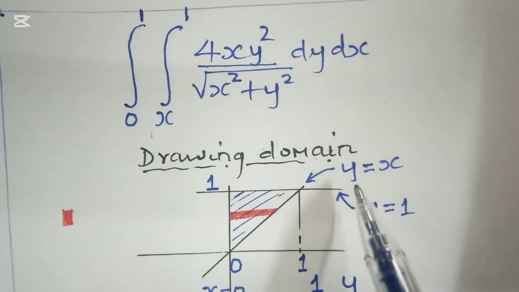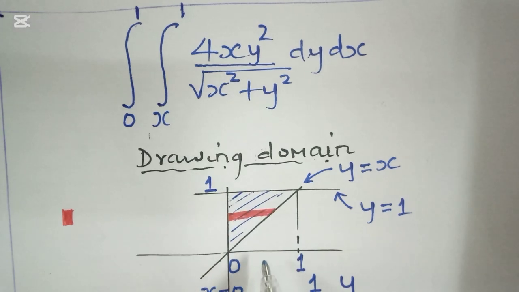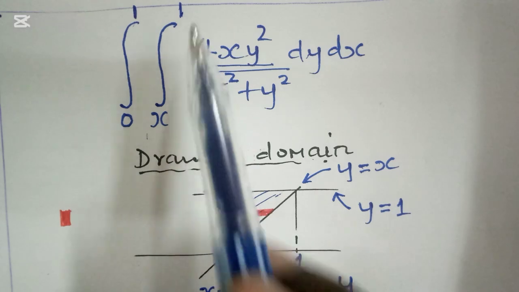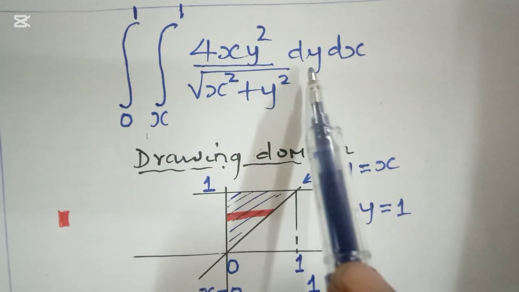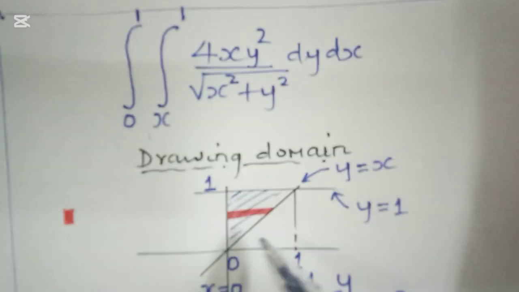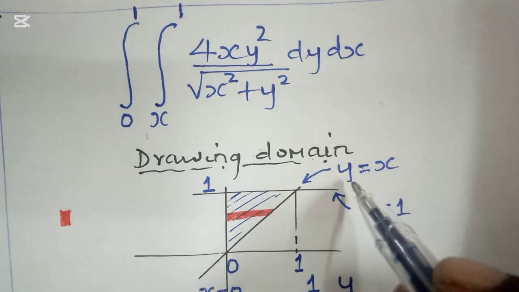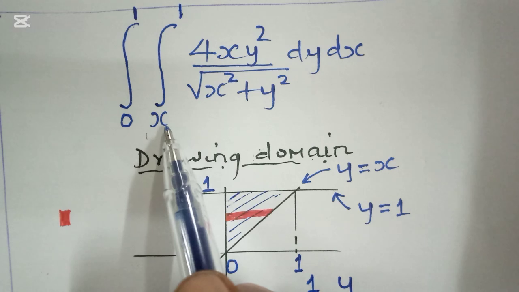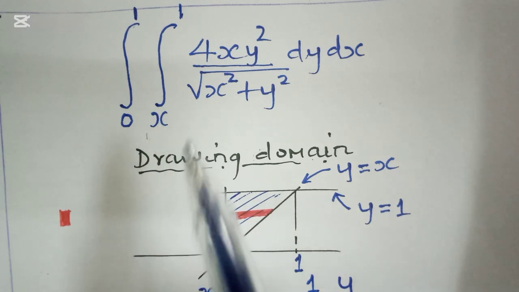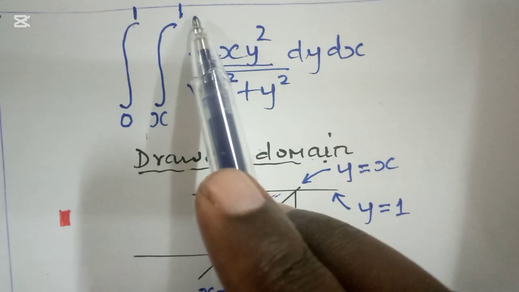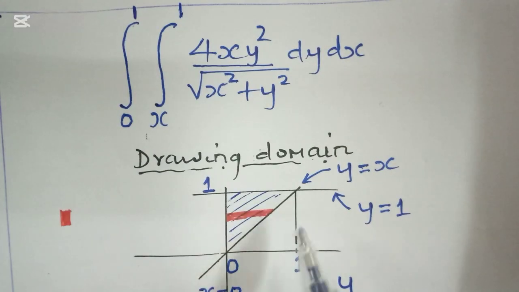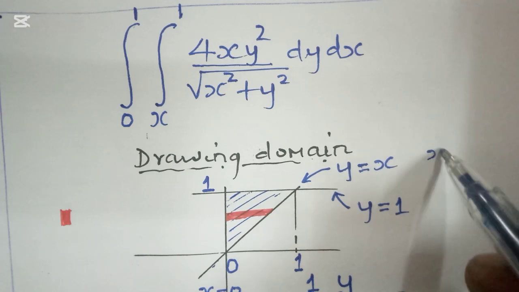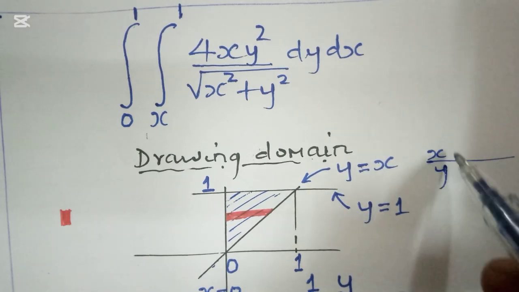So guys, we want to draw the domain. We have x and 1, where y goes from x to 1, so we draw y equals x, or x equals y, and here we have y equals 1.